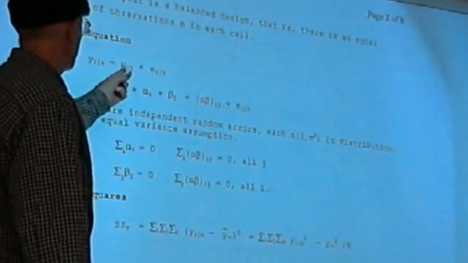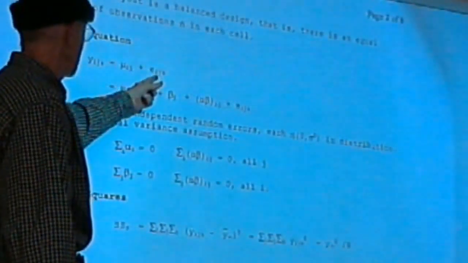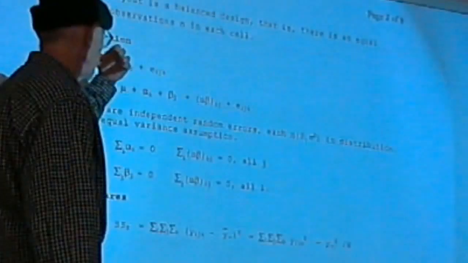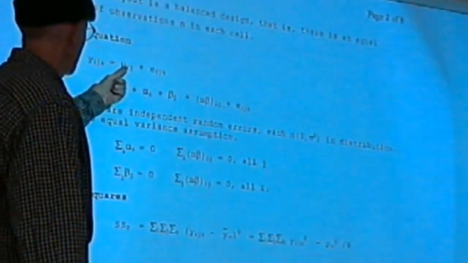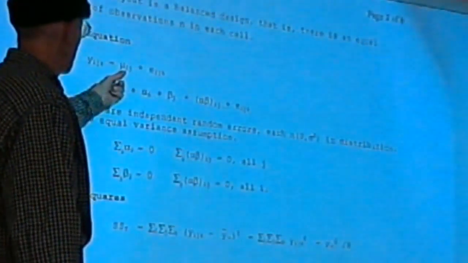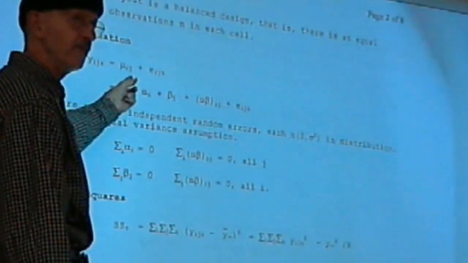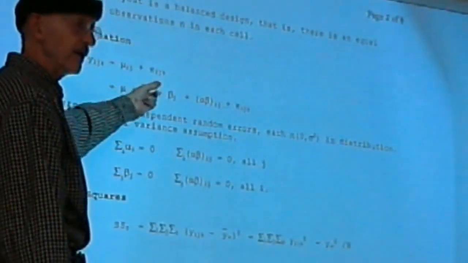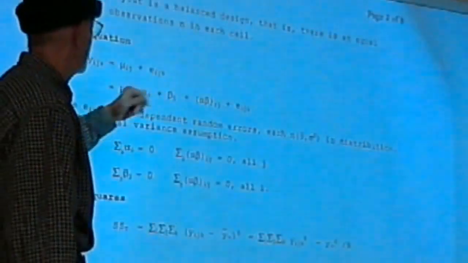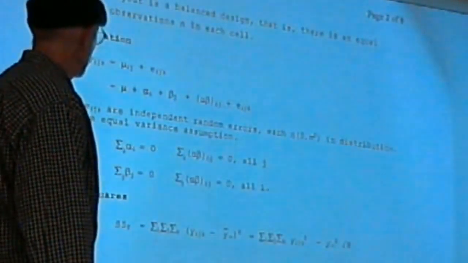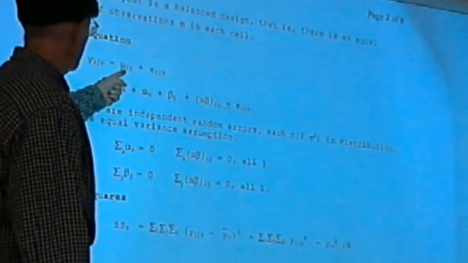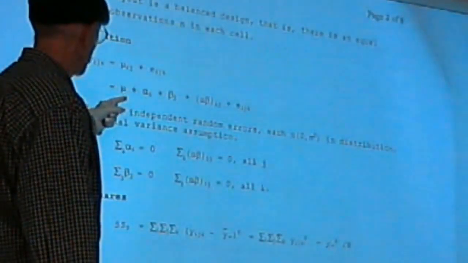So we have a model equation. Yijk is mu ij plus Eijk, and it's supposed to be almost obvious what these symbols mean. This would be the mean response of the ij cell. There's a random error. Then we write the mean response of the ij cell in a fancier form.